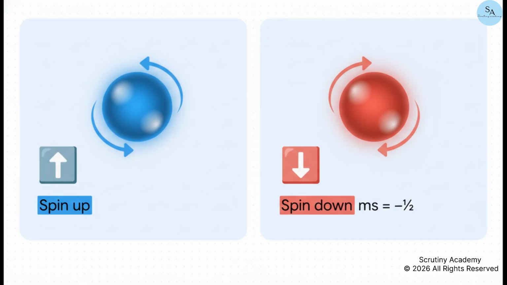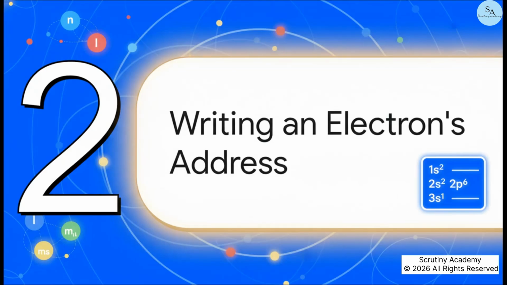And here's the cool part. This spin can only have two possible orientations. That's it. We call them spin up and spin down. For spin up, the value is +1/2, and we draw it as an upward arrow. For spin down, its value is -1/2, and we draw it as a downward arrow. Just two choices. Simple.